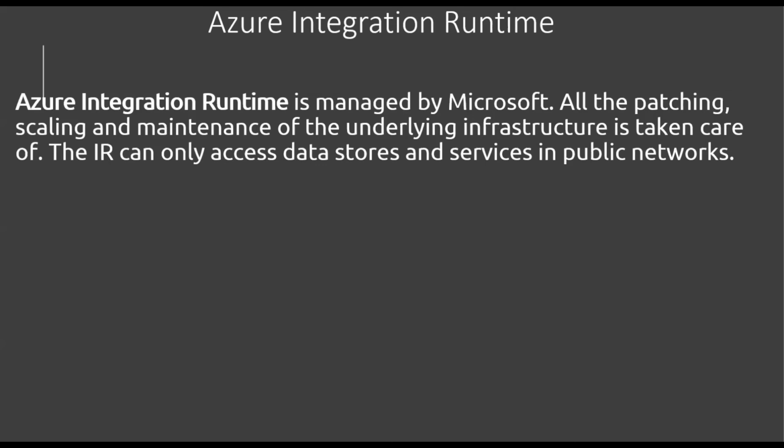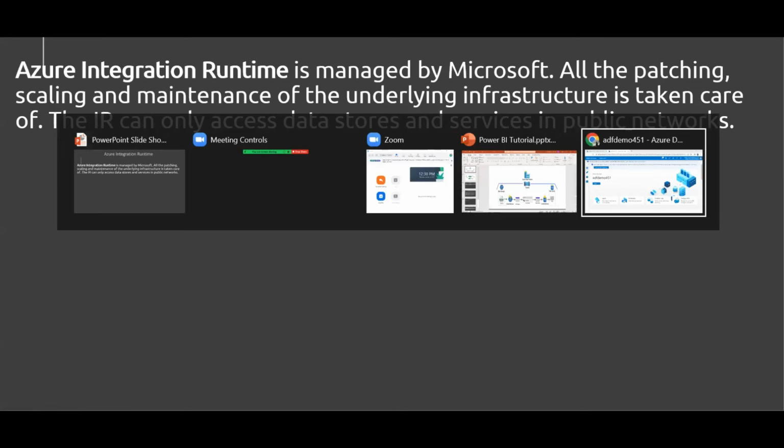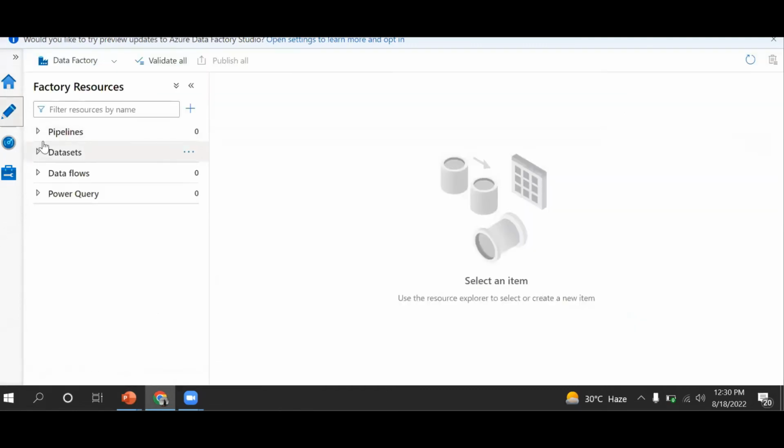Okay, let's go to the Azure portal. Let me show you a few things. This is the Azure Data Factory portal. If I click here, I move into the Author section. If I click here, new pipeline.